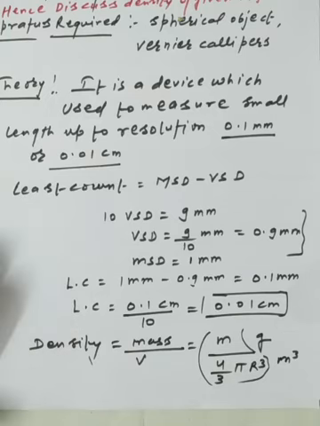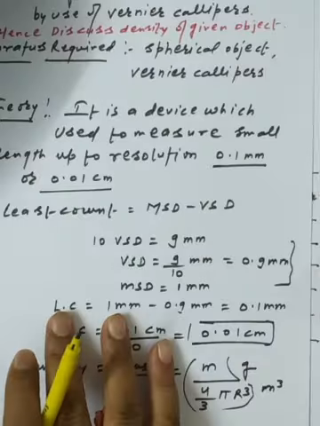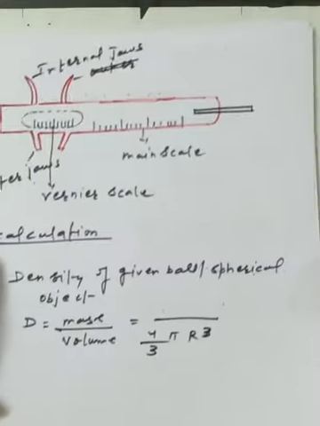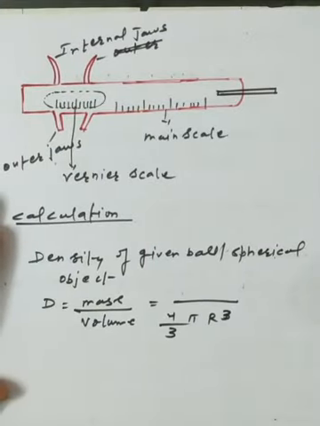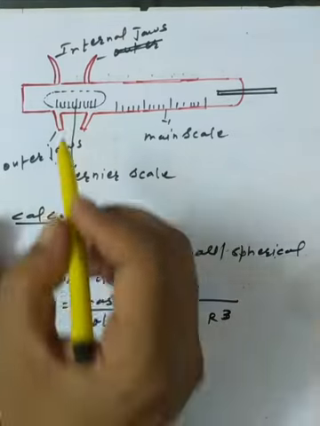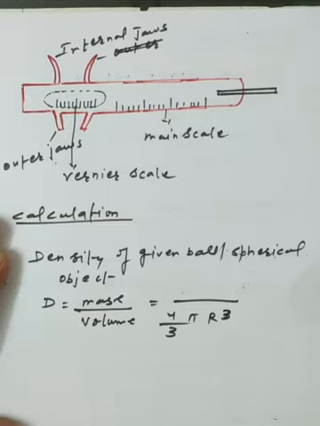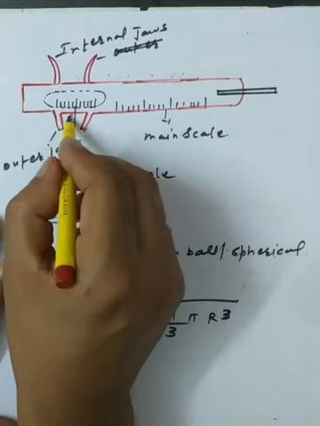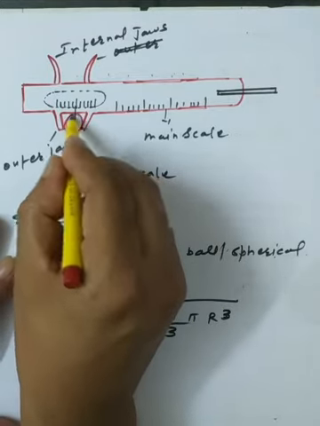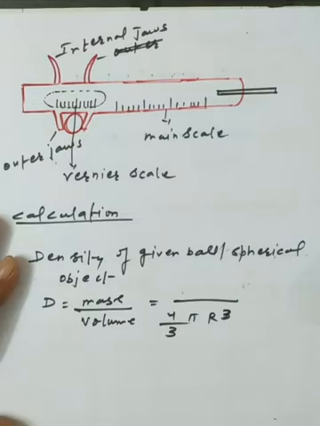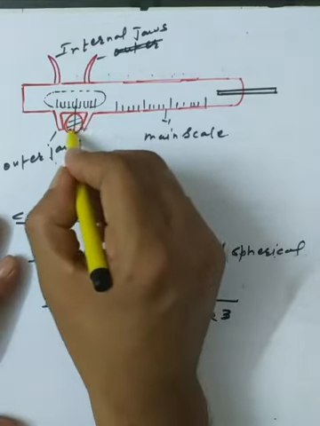Now I am showing how you can utilize the diagram. In each practical you must make the diagram. So here I have to attach the ball, because this is the part of the ball of which we want to measure the diameter.